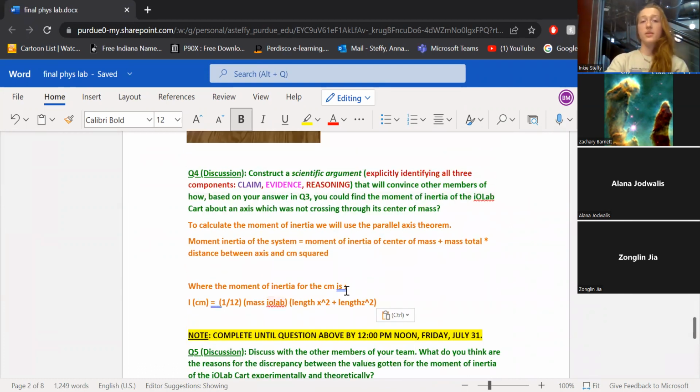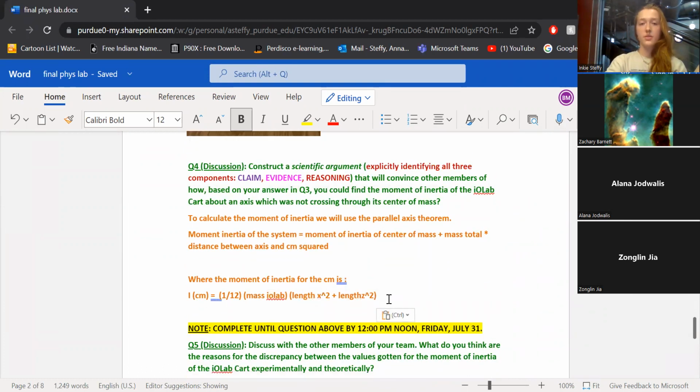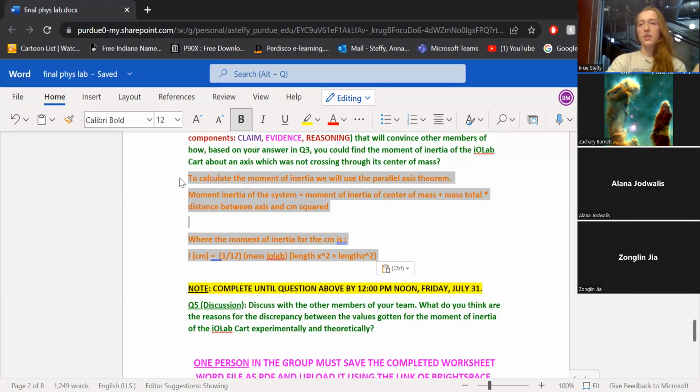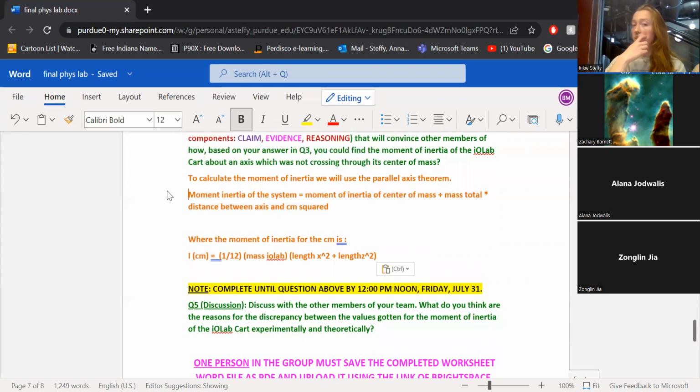How did anybody else get the moment of inertia? This is just how I'm going to calculate it, I guess, the calculated value. I'm going to use the parallel axis theorem.